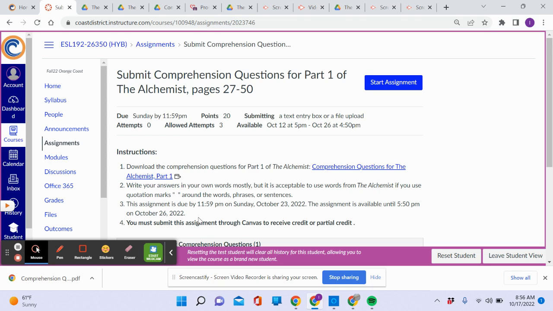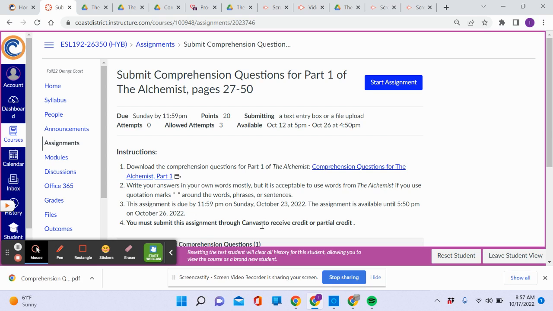There may be 2 or 3 points deducted for 3 days. So I would get it in on time, because I'm going to start deducting points for each day. I think I said 1 point, or was it half a point? I need to check my syllabus for sure.